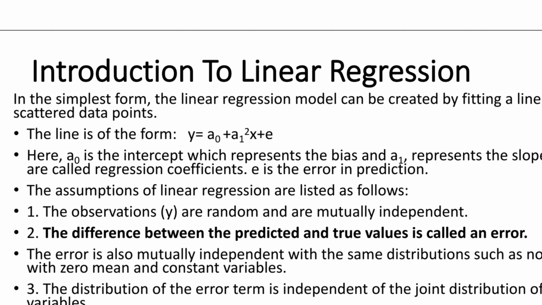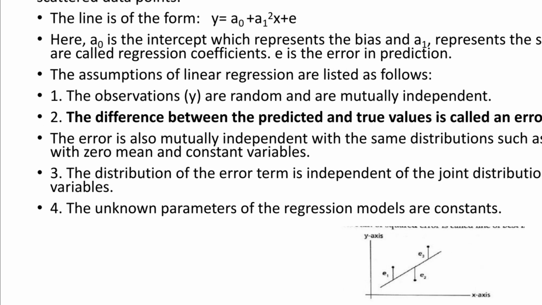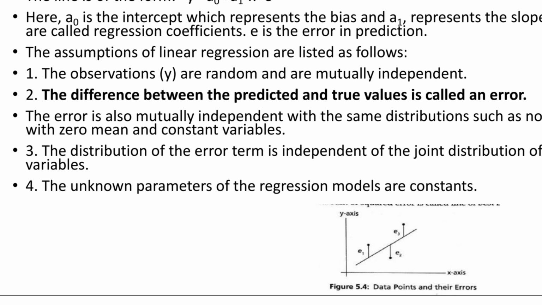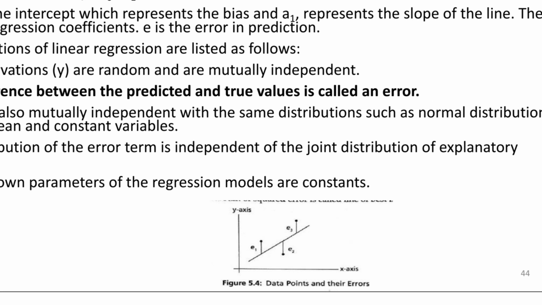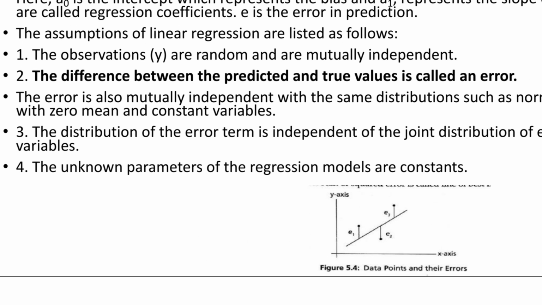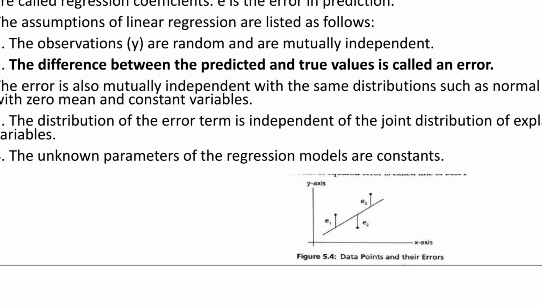So e is represented as the difference between the observed output and the actual output. This difference is called error. This error is mutually independent with the same distribution, such as a normal distribution with zero mean and constant variance.